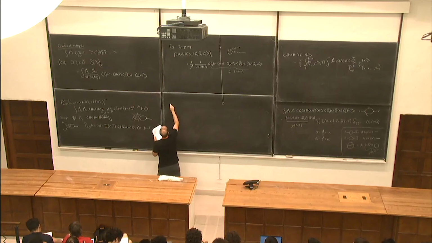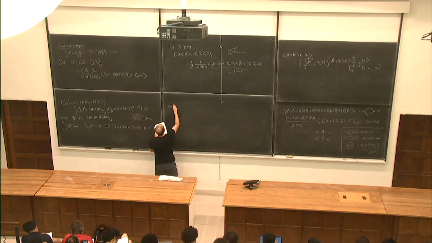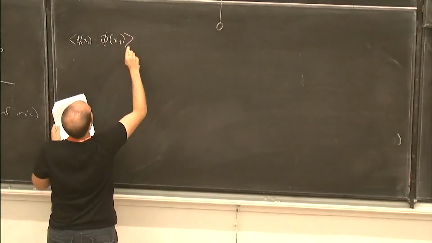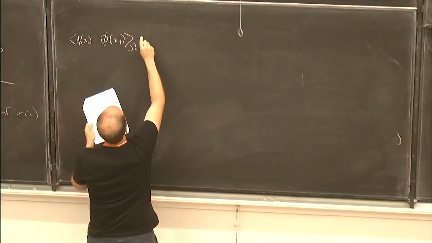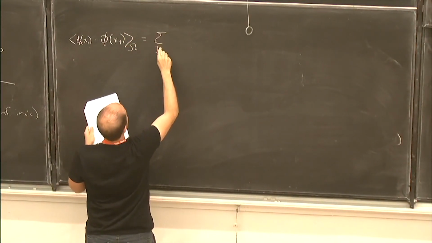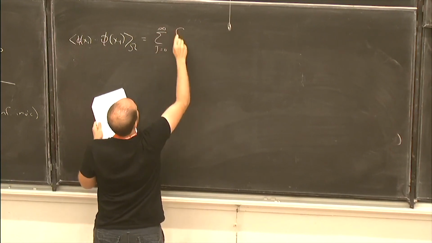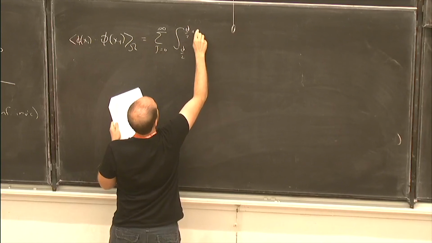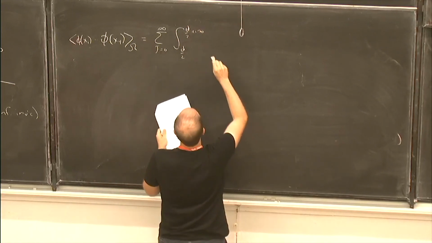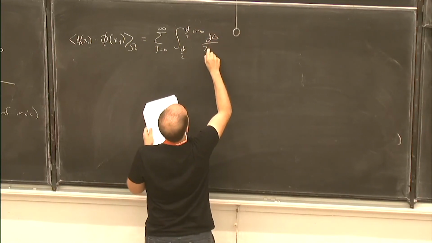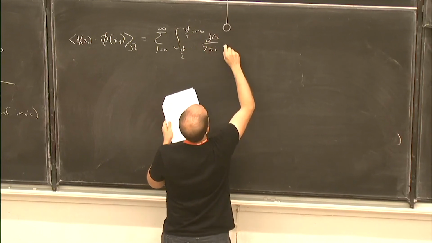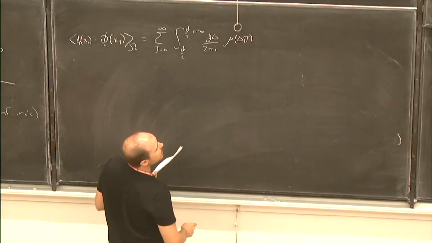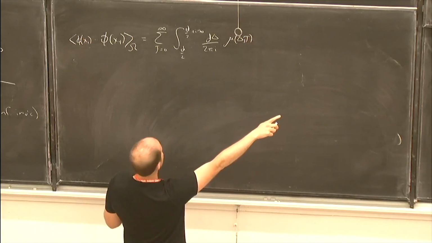So we find that the 4-point function is equal to a sum over j, an integral over the principal series, mu of delta j. Okay, and now we're going to plug in our expression for the partial wave.